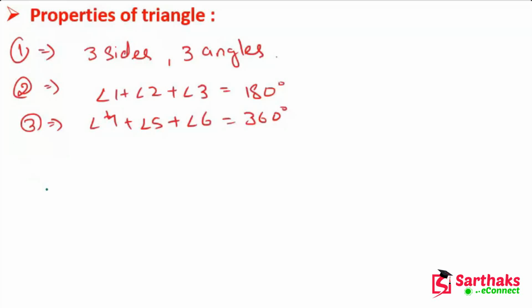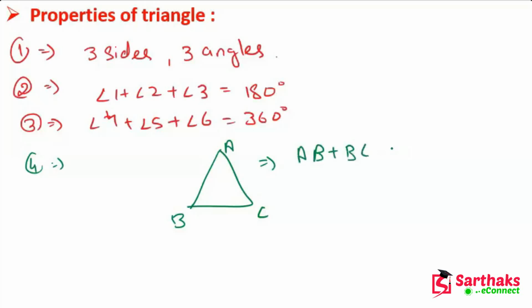Now the fourth property is that the sum of the lengths of any two sides of a triangle is greater than the length of the third side. Let's suppose we have a triangle A, B, C. If we add any two sides, say AB plus BC, it is always greater than AC.